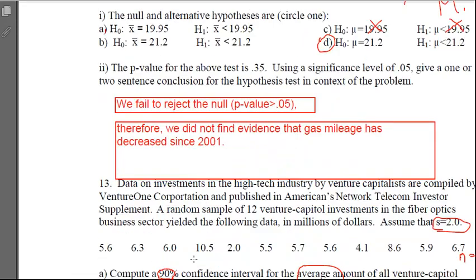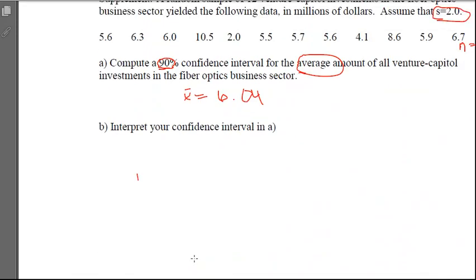So that replaces z for our confidence interval. For our mean, we want to always use t. So what I do is I take x bar, 6.04, plus or minus 1.796 times s, I'm just using my formula here, divided by the square root of 12.